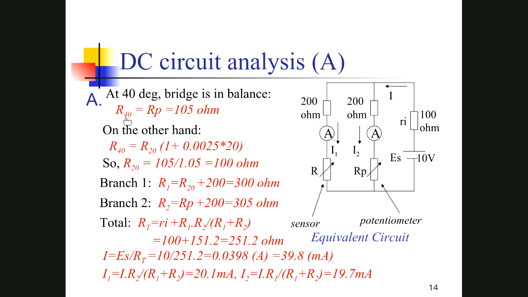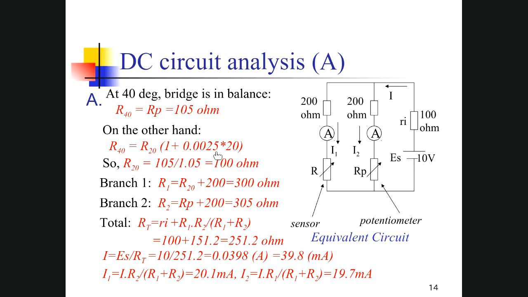Because they are balanced at 40 degrees, they are balanced. On the other hand, it is given that the temperature sensitive resistor R has a temperature coefficient of 0.025 per degree.